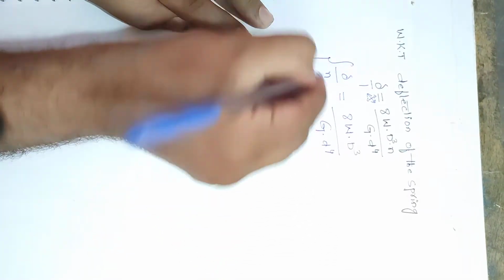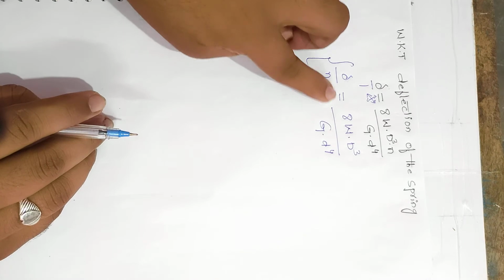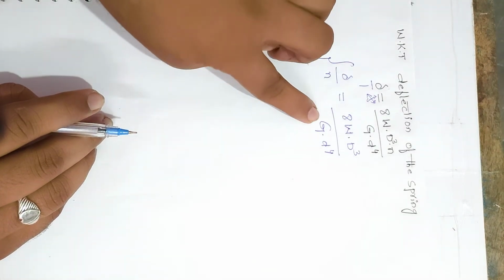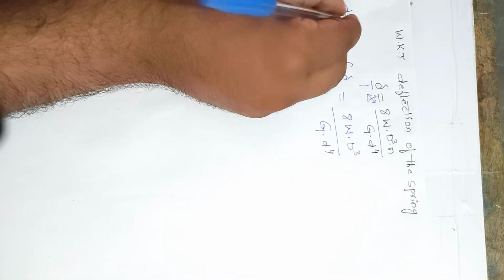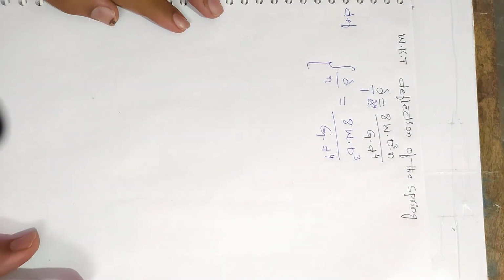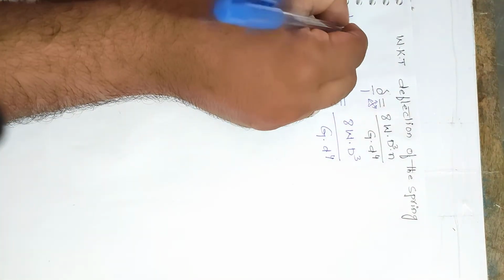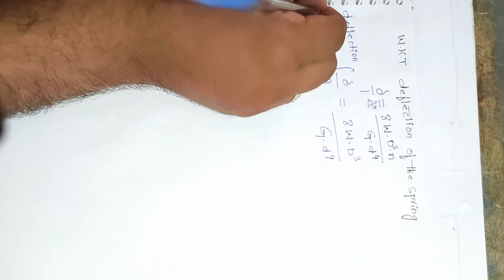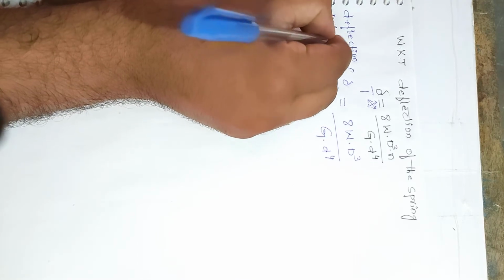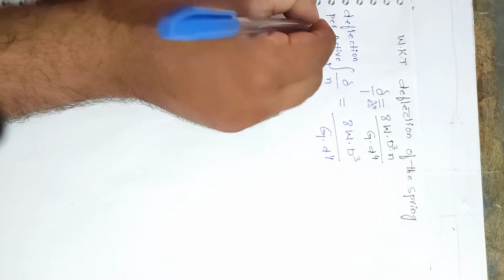So this equation, delta by n equal to 8W d cube by g into d power of 4, we can say is the deflection per active turn. It's visible? Okay. Deflection per active turn.